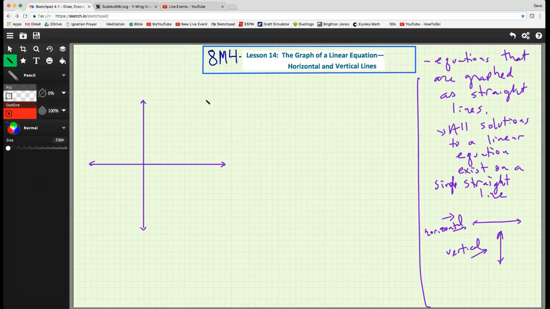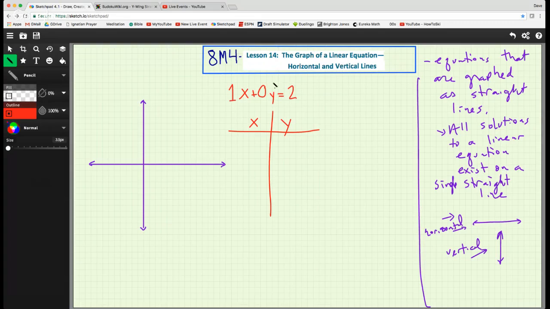How about it? Okay, so let's talk about an equation that looks like this: x plus 0y equals 2. So this is kind of 1x. We'll just write that in: 1x plus 0y equals 2. And so let's create some points that make this true.